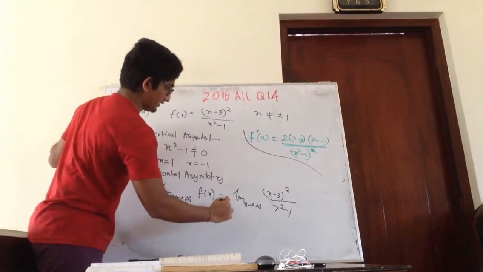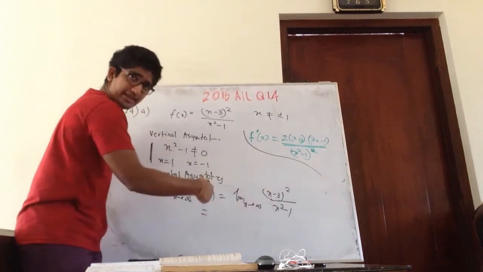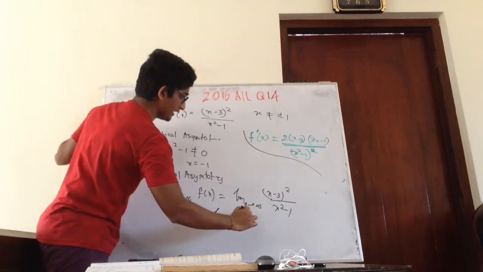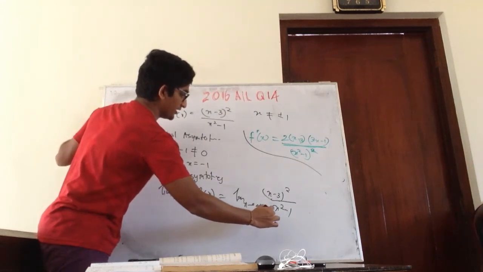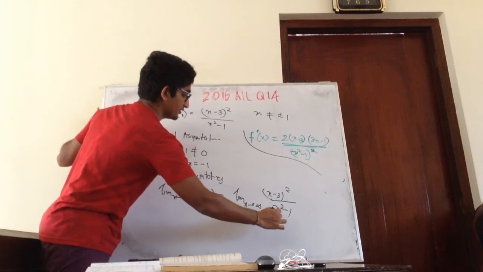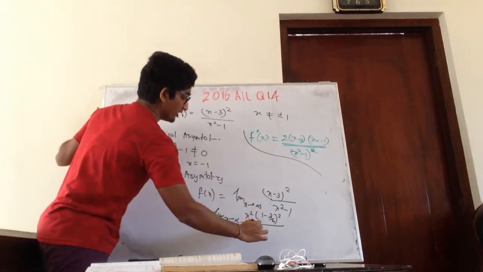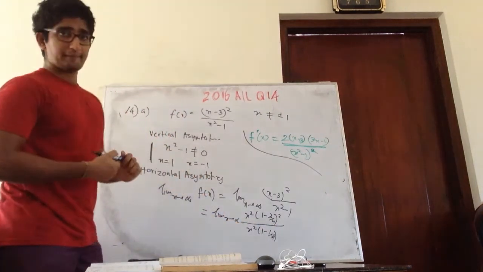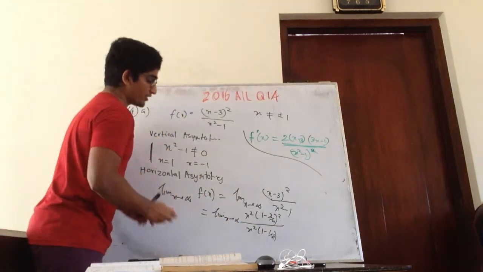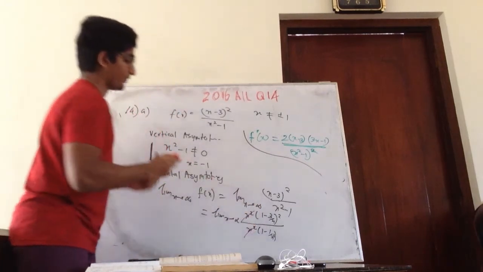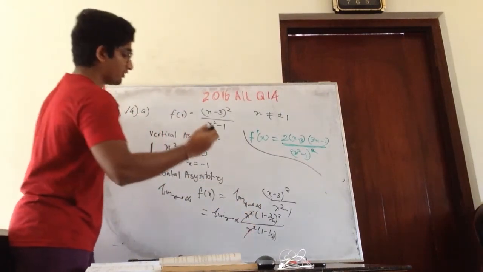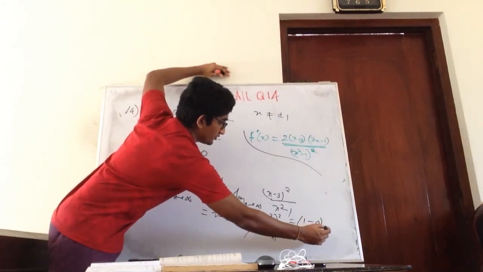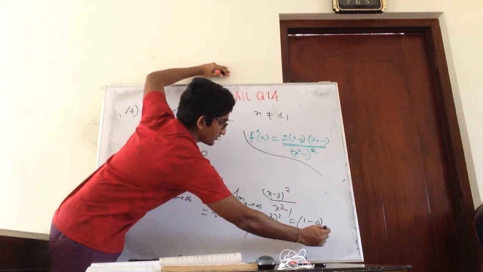I'm going to take x squared out: x squared times (1 minus 3 over x) squared, over x squared times (1 minus 1 over x squared). Correct now? So I can cut these off here. Then I will get 1 minus 0 over 1 minus 0, that is 1.